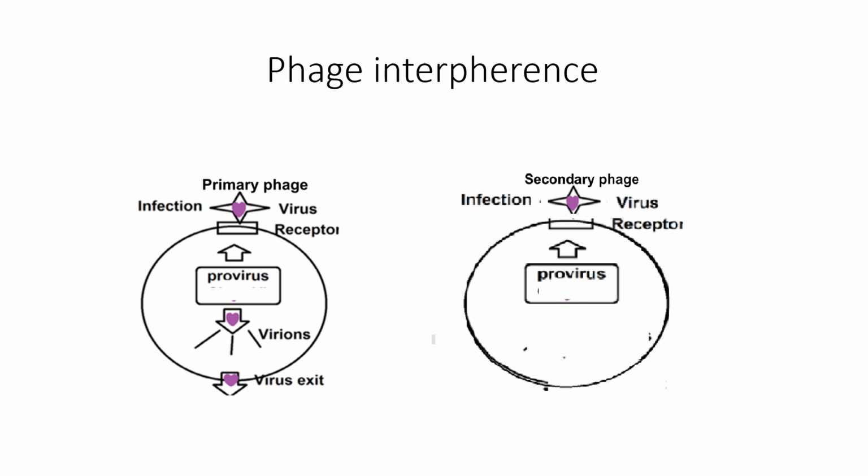Primary phage infects the cell, triggers the provirus, and it produces virions. But the secondary phage, which attempts to infect the cell, is blocked. And this is the phage interference.